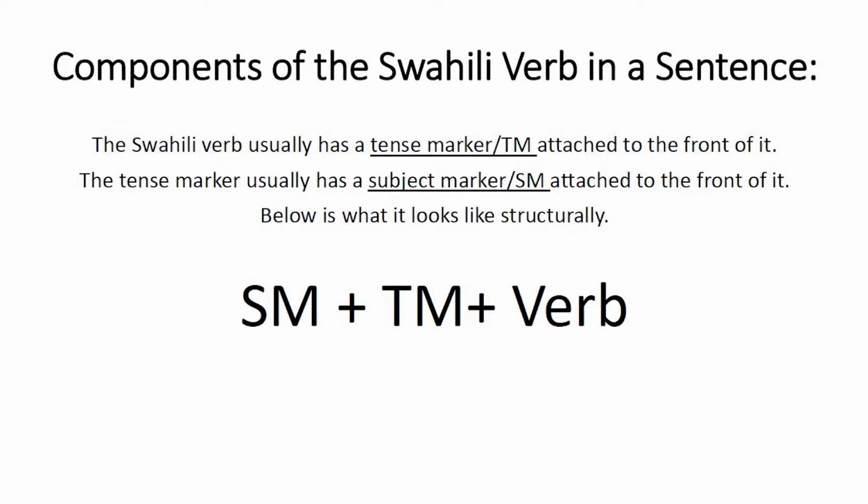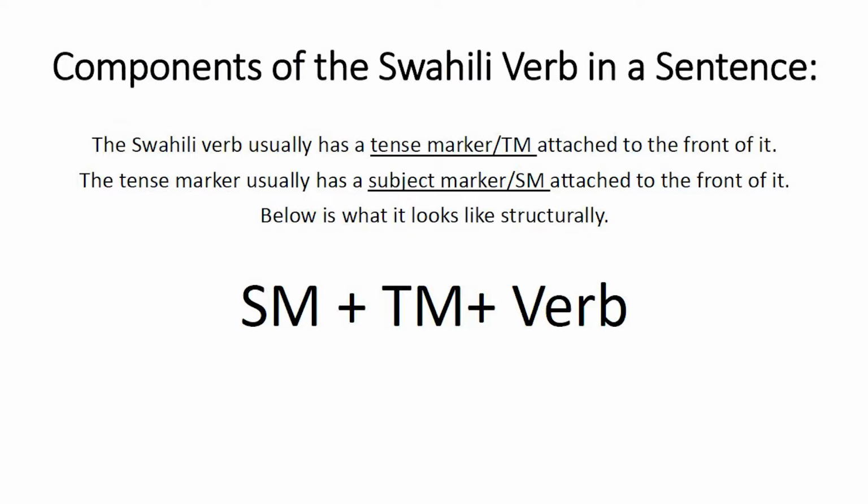Look at the word verb. To the left of the verb, you have TM. So the verb has attached to it a tense marker. So that would be present tense, past tense, future tense. It's a special acronym that indicates that it is for tense or time.